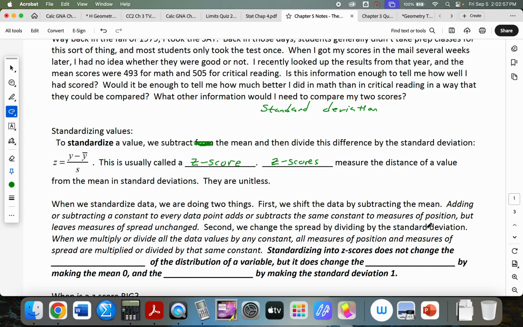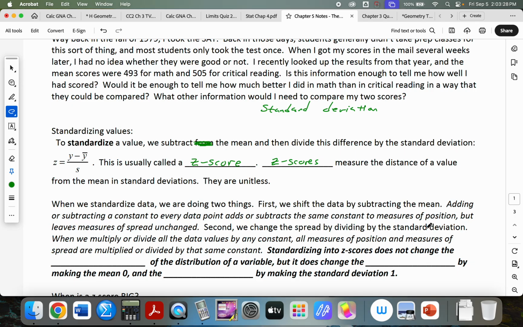So back to my example about the dead ball era versus the current era in baseball, you could see, okay, this person is, let's say, 2.2 standard deviations above the mean now, and you could go back to the dead ball era and say this player was only 1.8 standard deviations above the mean back then, and then you can compare those two.